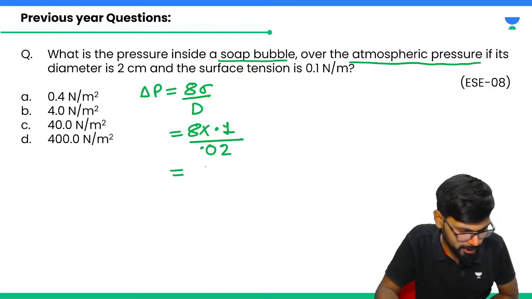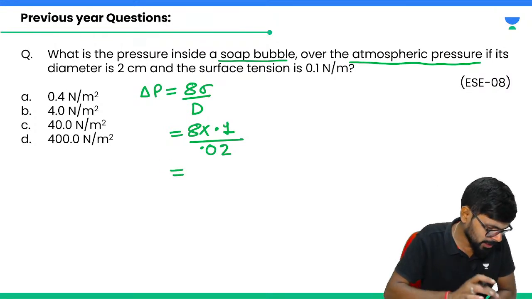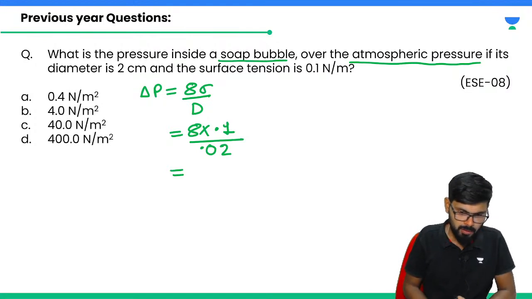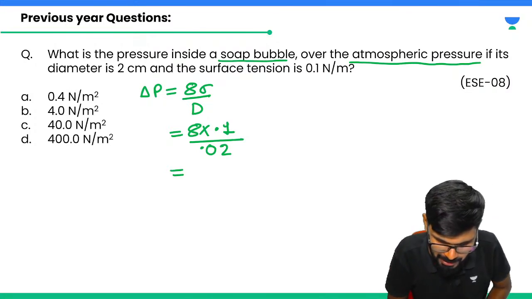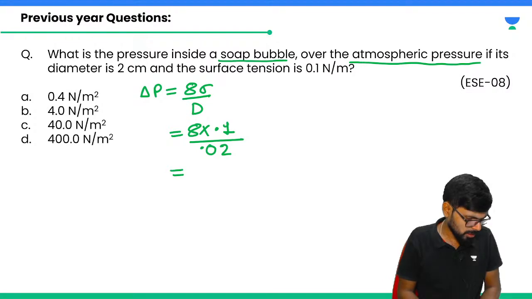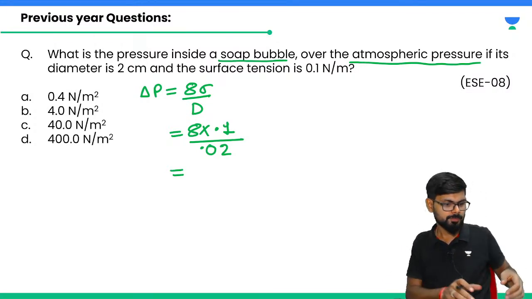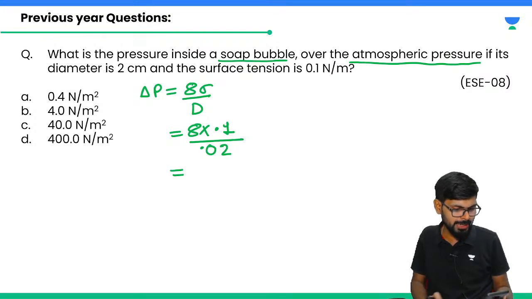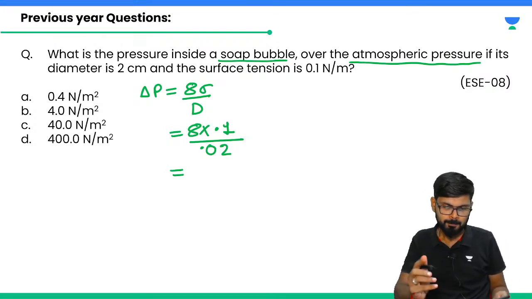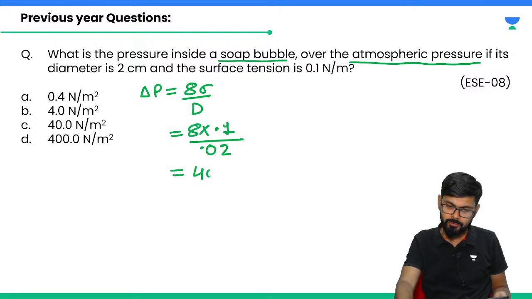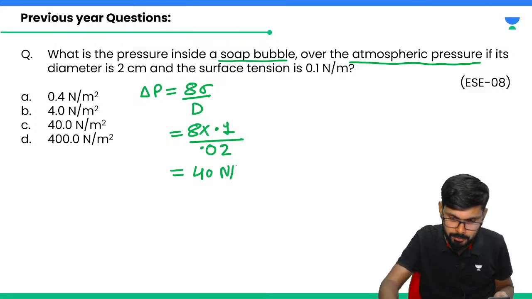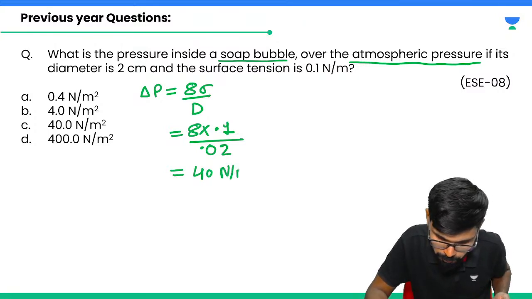How much will it come? 40. It is 40 Newton per meter square.